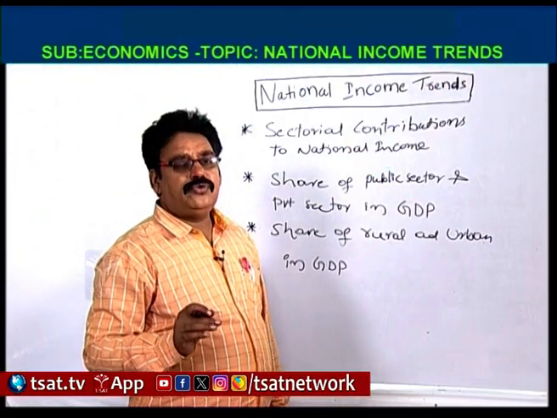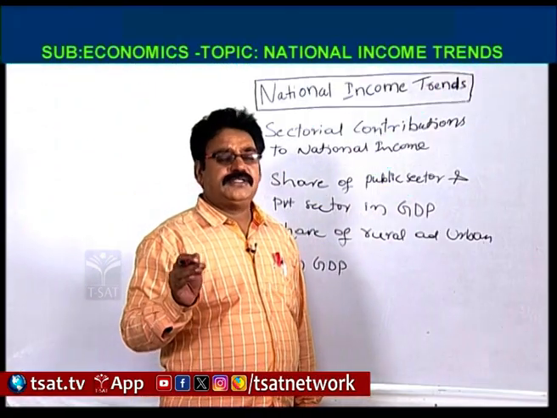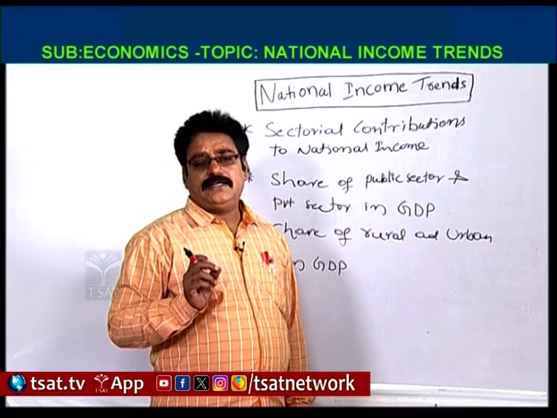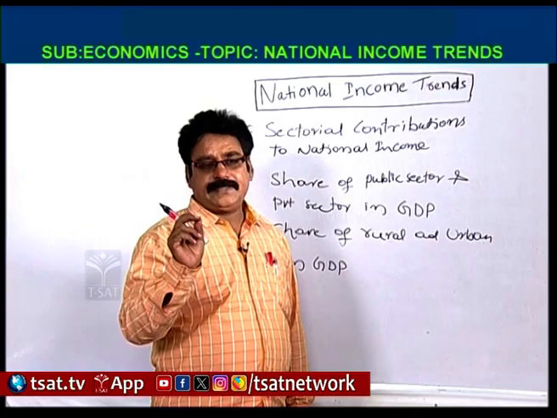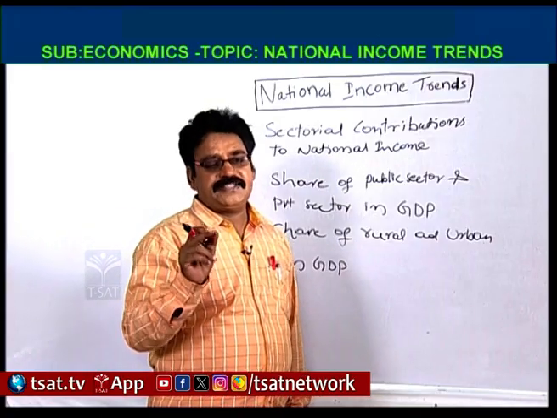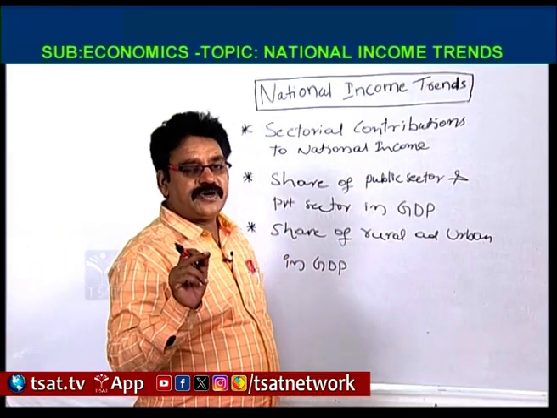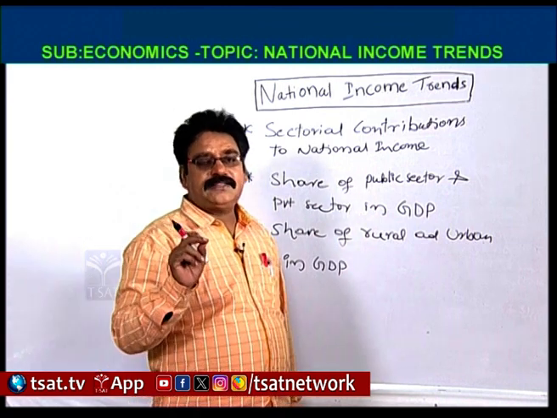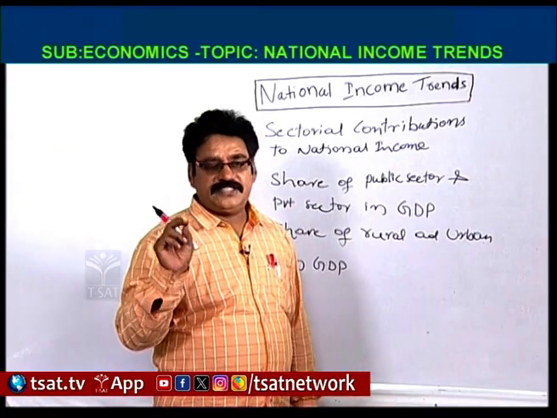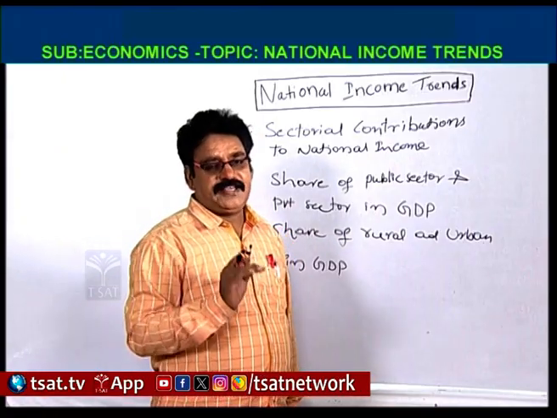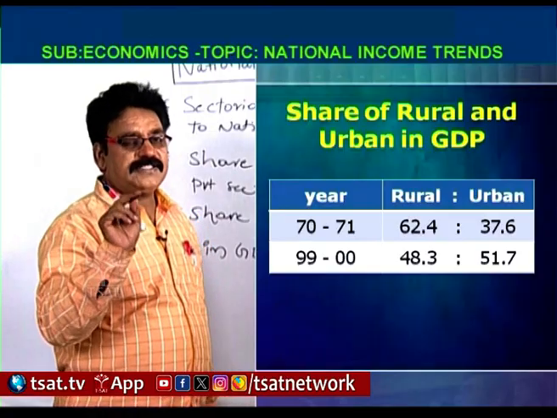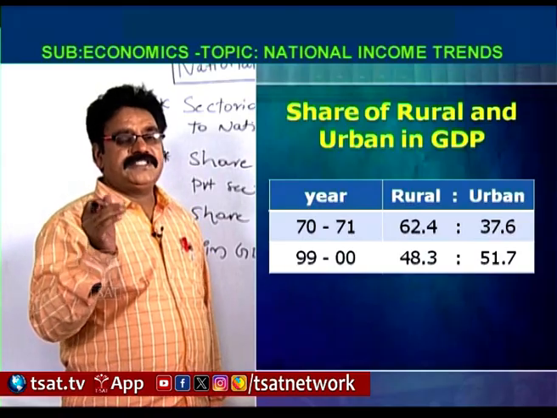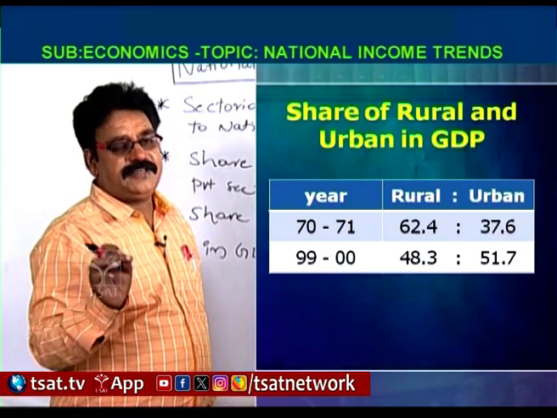Now the share of rural and urban areas in the contribution to GDP. The rural sector was contributing more during 1970-71: 62.4% of the GDP came from rural areas and 37.6% from urban areas. In 1999-2000, the rural contribution decreased from 62.4% to 48.3%.